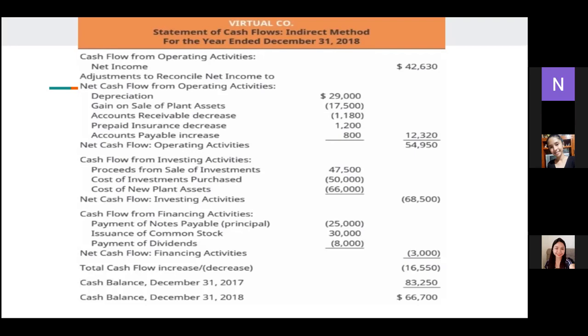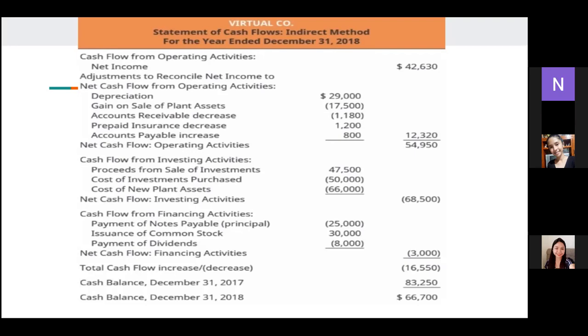So, we have a net cash flow used in investing activities, which is 68,500.